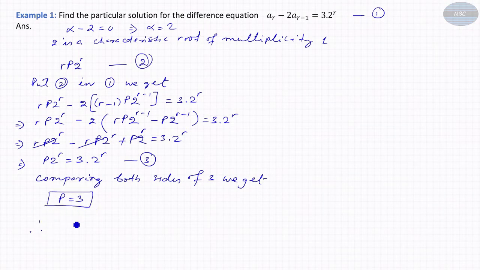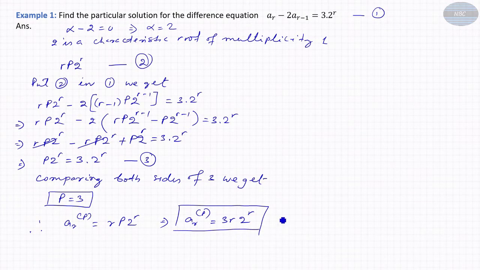Therefore the particular solution is of the form r into p into 2 to the power r, which implies a_r^(p) is equal to, since we got the value of p as 3, 3 into r into 2 to the power r. So this is the particular solution, and this is the answer.